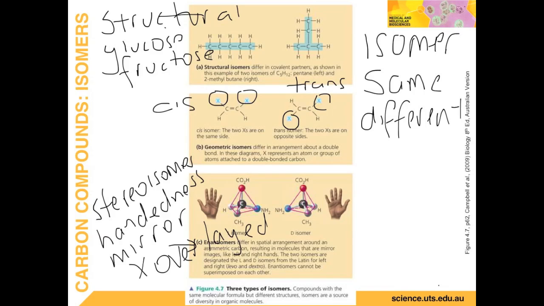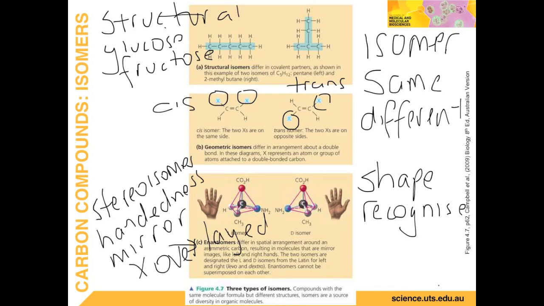Now, this idea of isomers is important because in biology, shape of a molecule is very important. And that's because in the body, we use shape to recognize things.